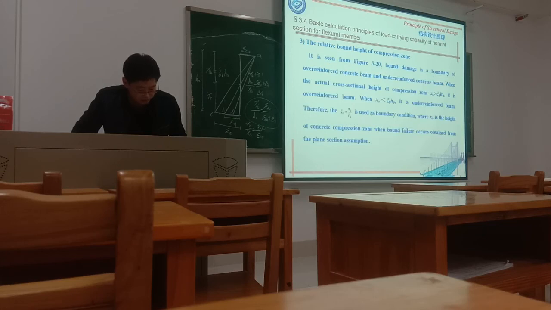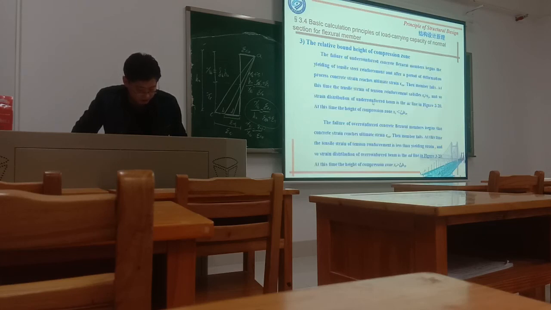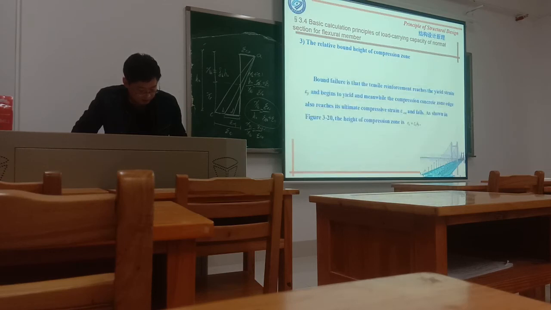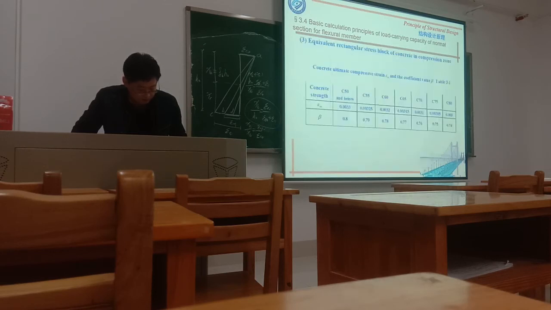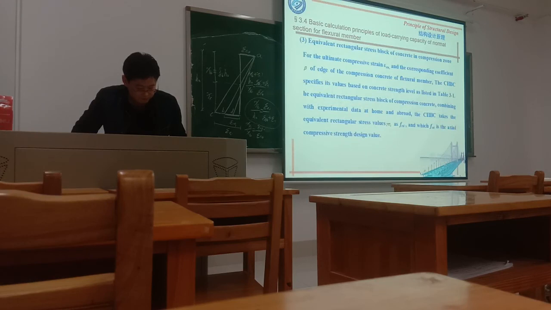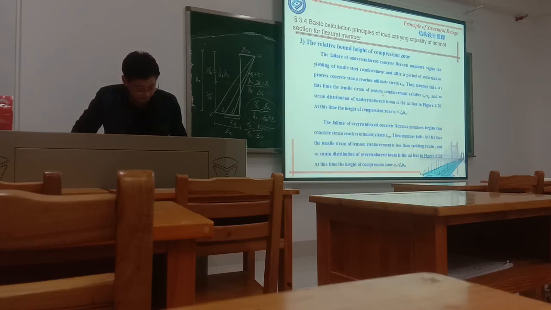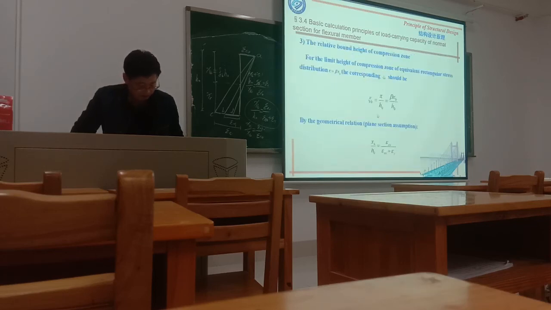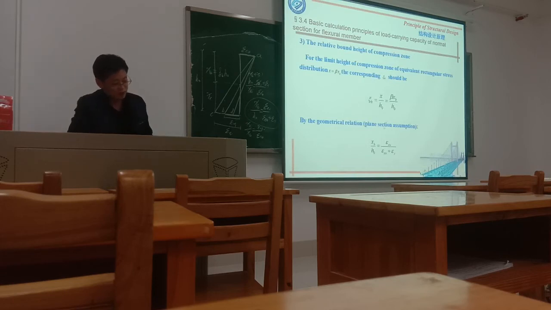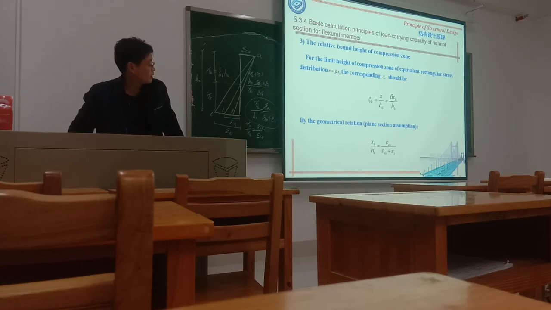What's the better name? I remember something is called like this. So we know Cb we can get by this value times beta.